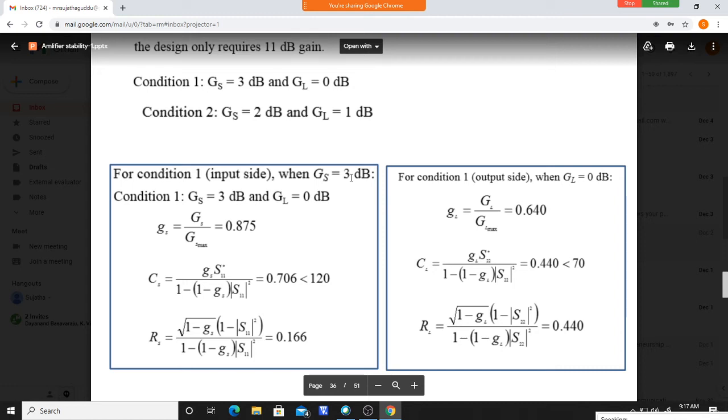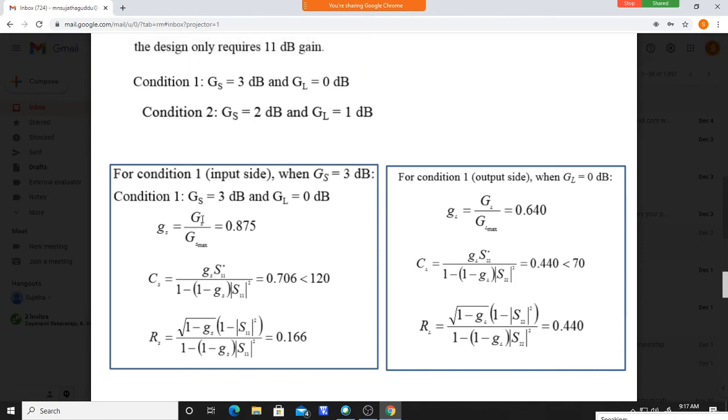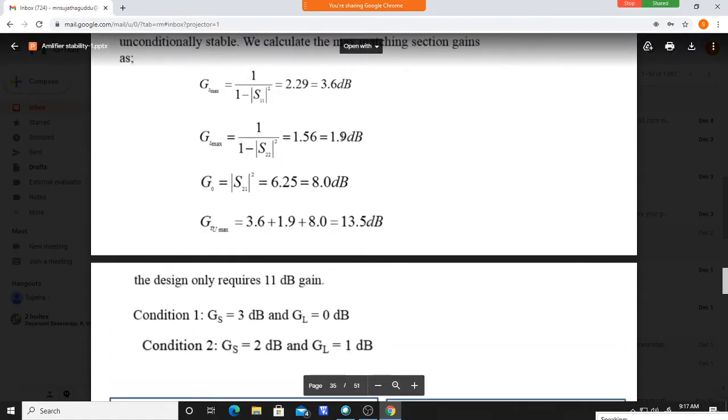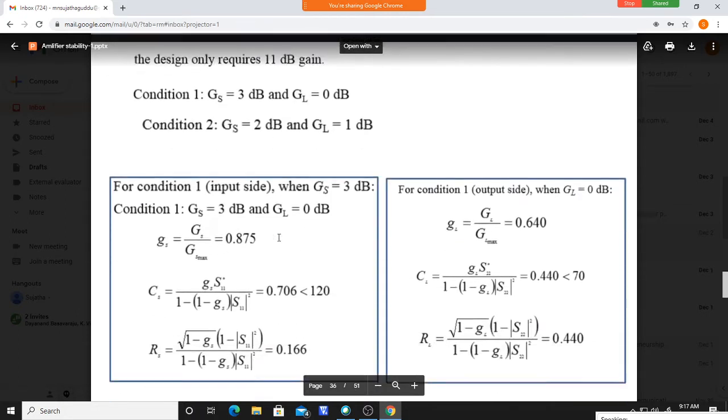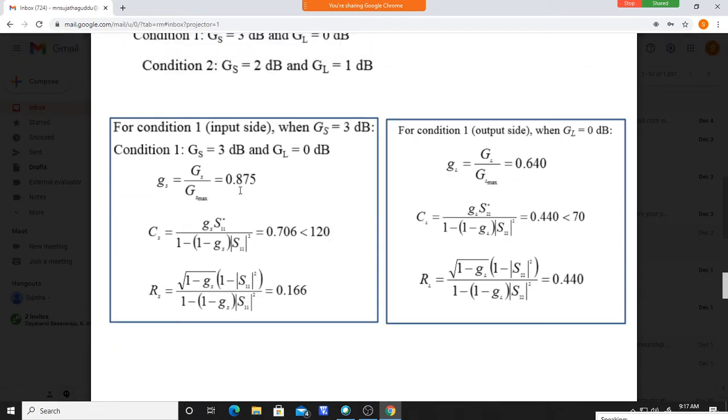For 3 dB, calculate the GS value in ratio, the antilog. For GS maximum, you take the antilog of 3.6, which is 2.29. You put that value here and get around 0.875. Using this you can get the value of the center and radius.